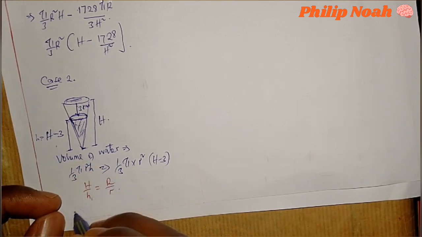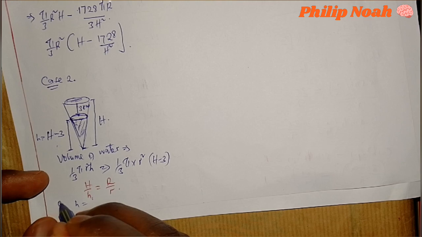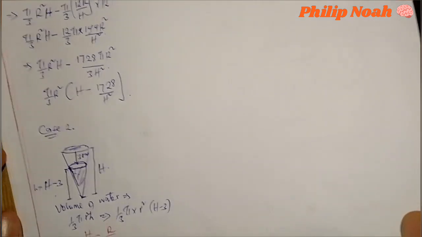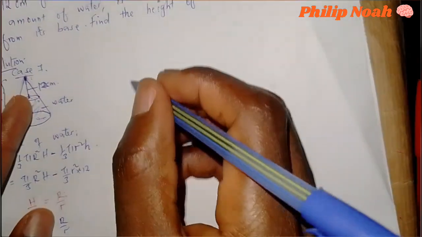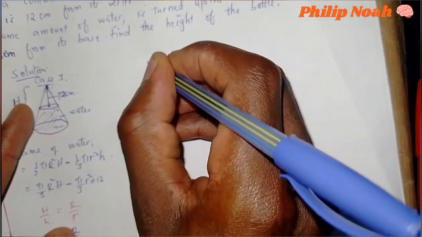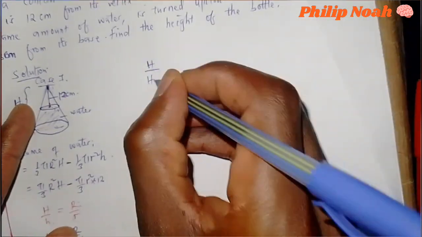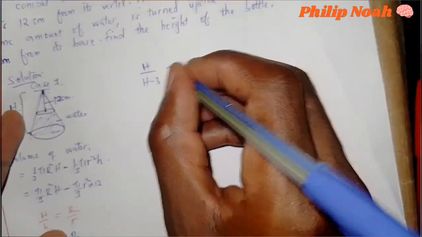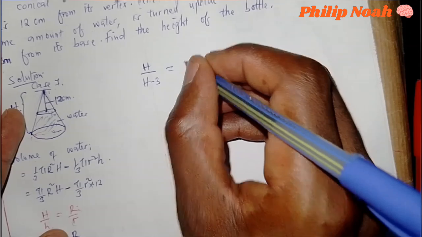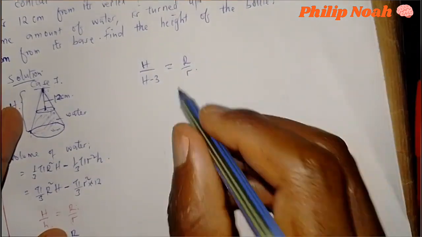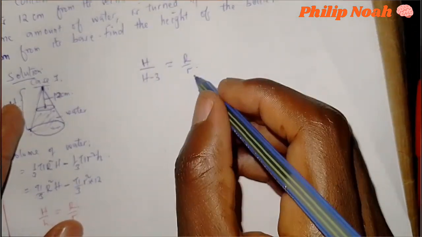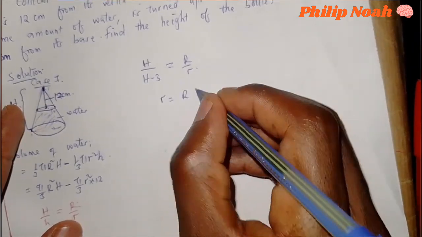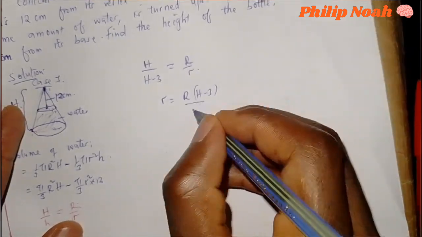So this becomes h over h minus 3 is equal to r over R. Making R the subject of the formula, small r the subject of the formula, R is equal to r into h minus 3 over h.